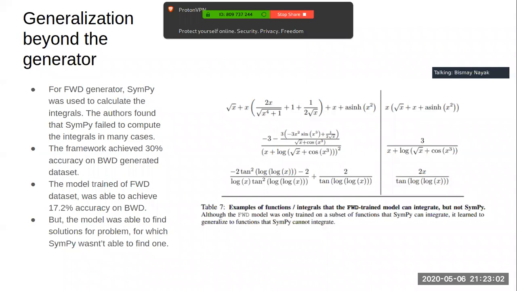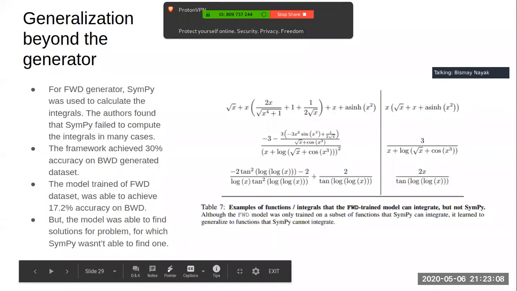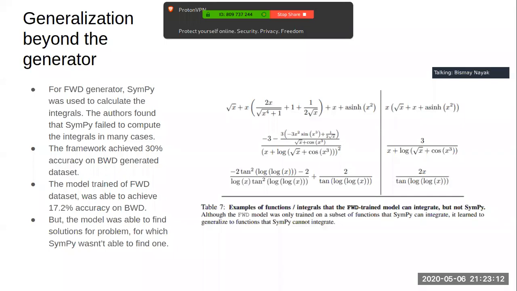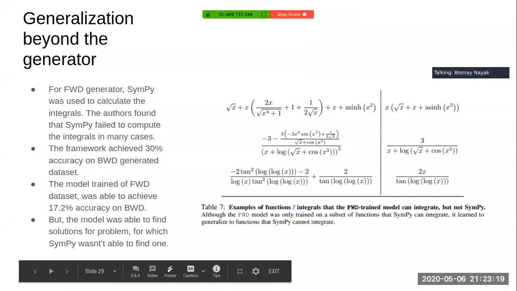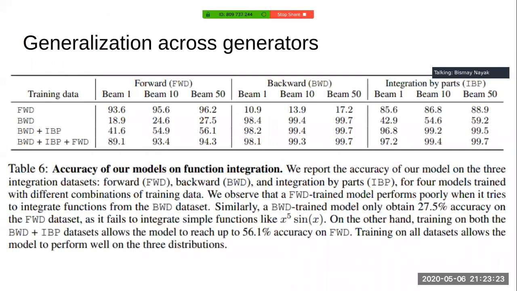Since SymPy was used to generate the forward data set, if we train our model on it, it should capture information similar to how SymPy calculates results, right? When our model was trained on the forward generated data set, its accuracy on the backward data set was around 17.2.